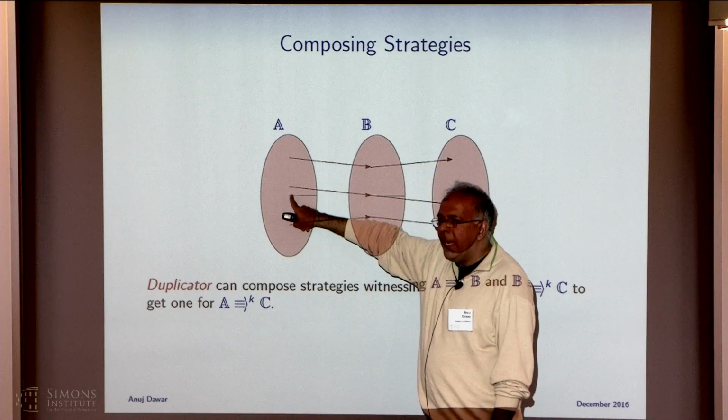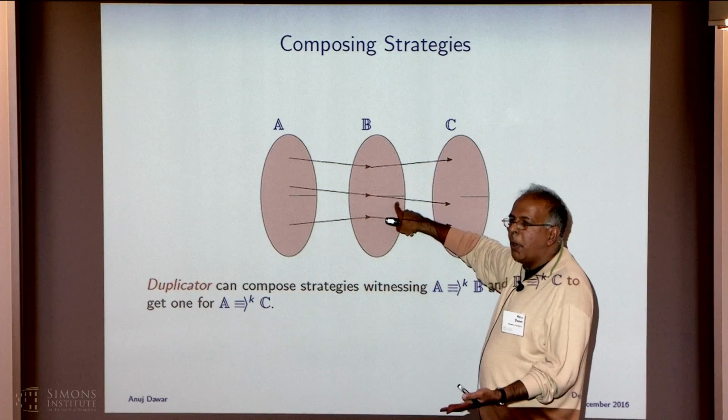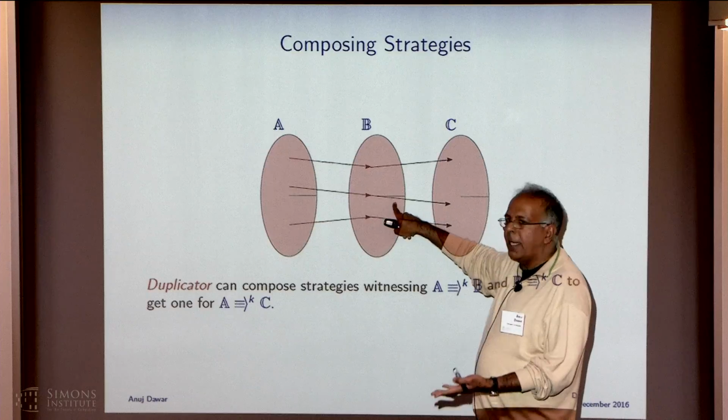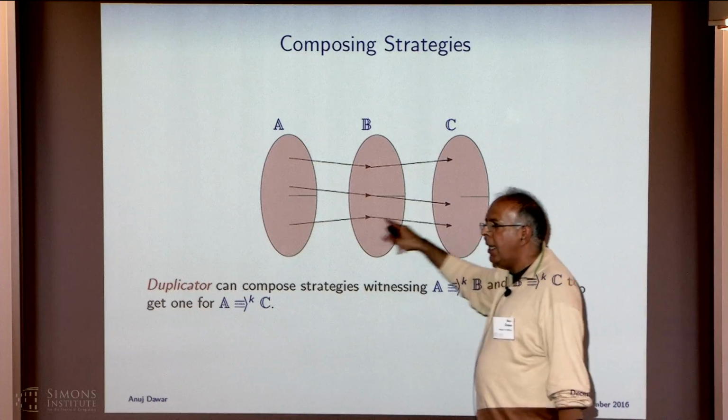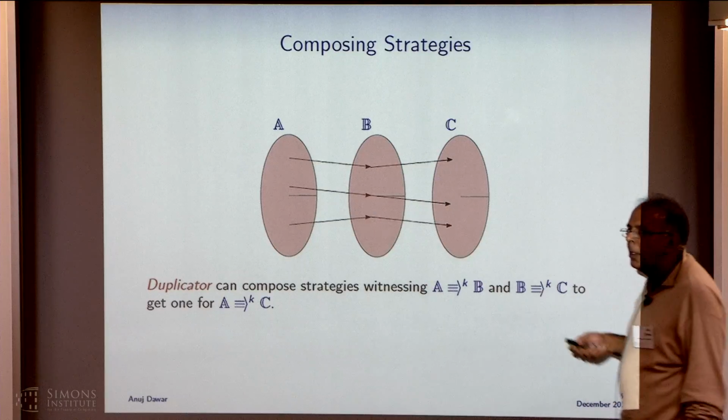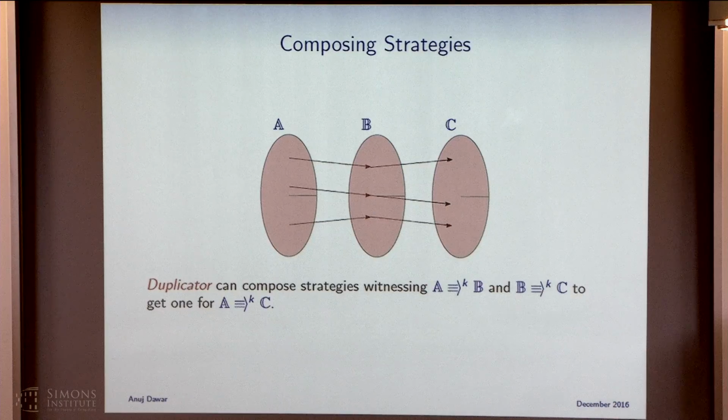Whenever spoiler plays in A, you choose the response in the strategy over here. Now treat that as a spoiler move. Choose the response of duplicator in C and take that as a response to the original move in A. That's a nice informal description.